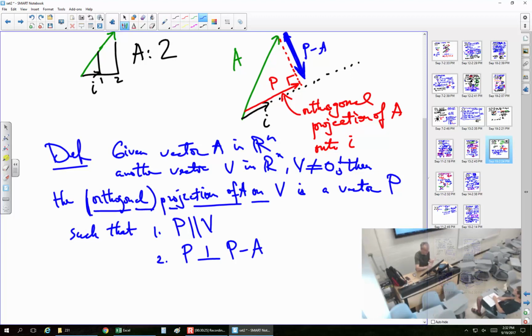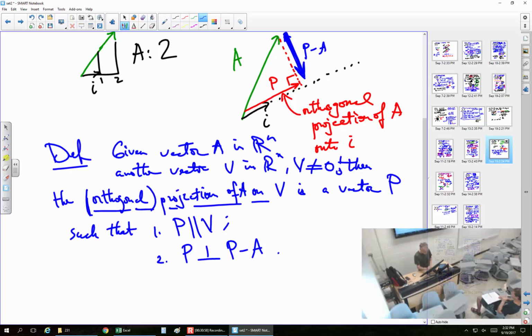The arrow pointing down is actually better because it points out the projection, and the meaning behind the word projection is like shadows of objects. Imagine a surface, and then you have a stick like this, and the cast shadow of that stick, the green stick on the ground, will be that red projection. Okay. So these are orthogonal, and now we can translate both of these into the language of vectors.